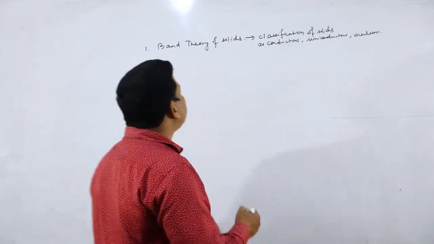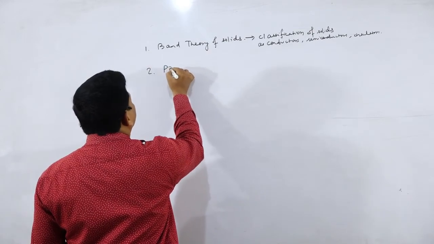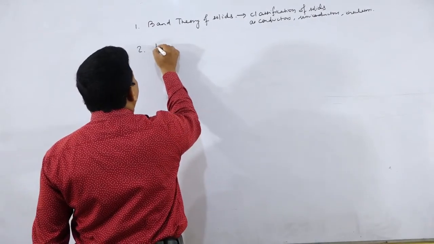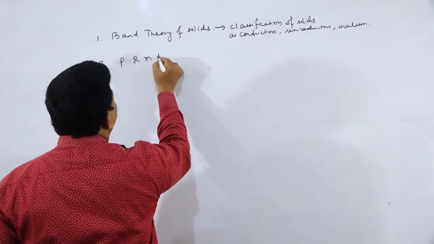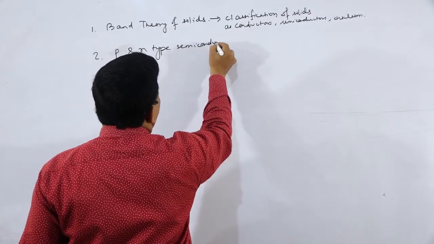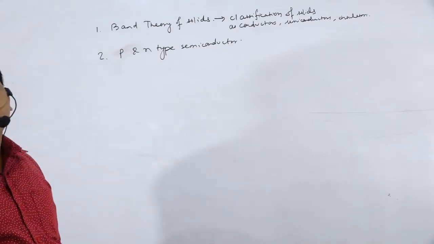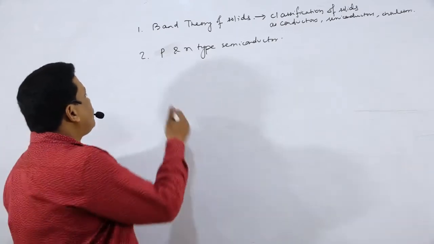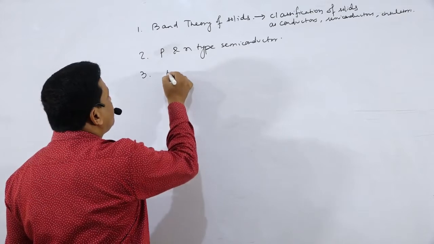Then we learned about PN junction. We learned about the P type and N type semiconductors, how a P type semiconductor is formed or how a N type semiconductor is formed. So that we discussed. Then we learnt about PN junction.